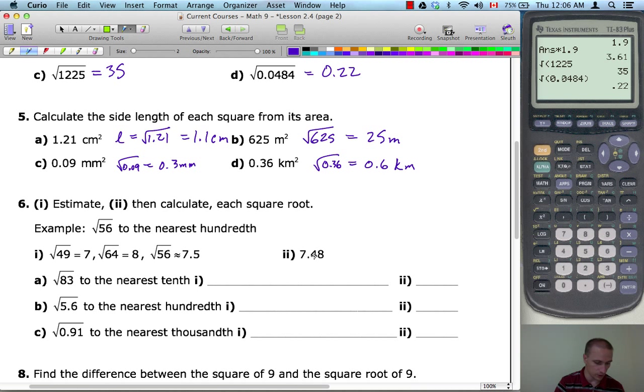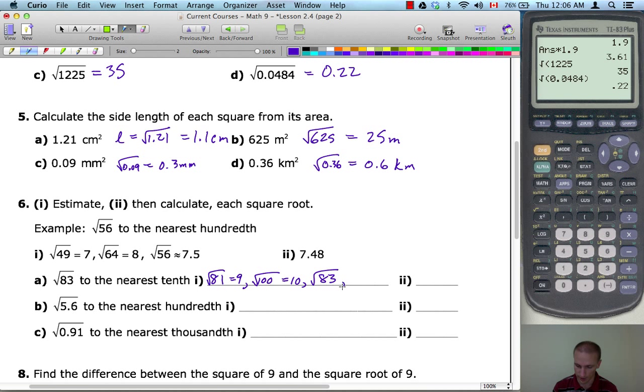So let's go through that same thought process of looking at what is a perfect square that's just under 83. So that would be 81. The square root of 81 is 9. The square root of the perfect square just above 83, so we're taking a look at the square root of 100, is 10. So the square root of 83, I'm thinking, should be a lot closer to 9 than it should be to 10.